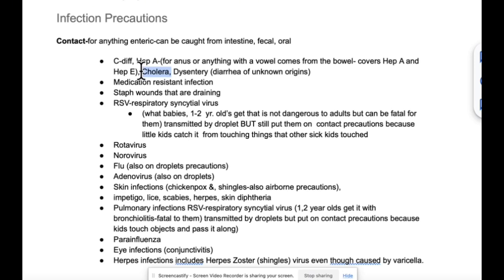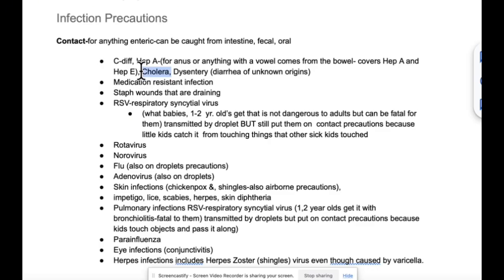It's just referring to any kind of diarrhea of unknown origin. So if we don't quite know why this person has this diarrhea or bloody diarrhea or whatever they're presenting, we're going to put them on contact precautions until we figure out what's the cause, because it could be Ebola. All right, Ebola comes with a fever and a serious diarrhea that is pretty extreme, right?